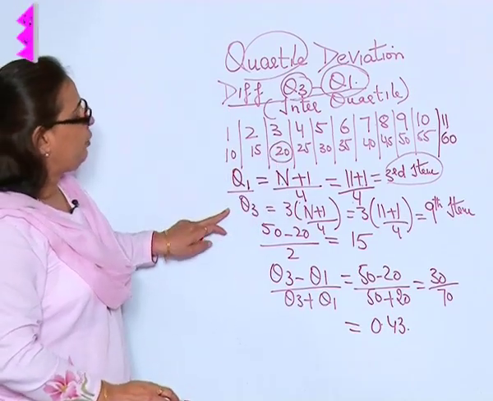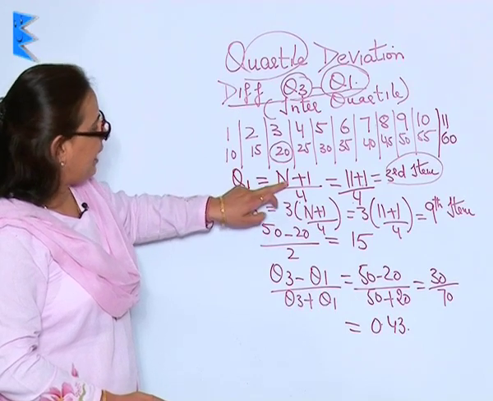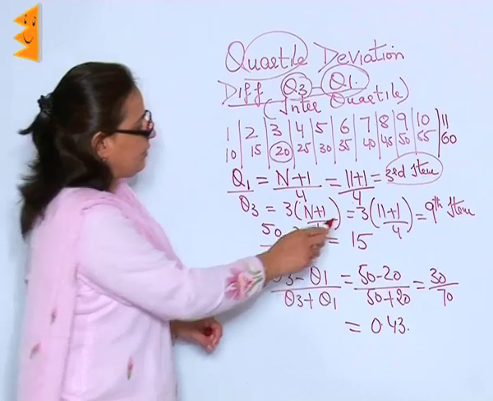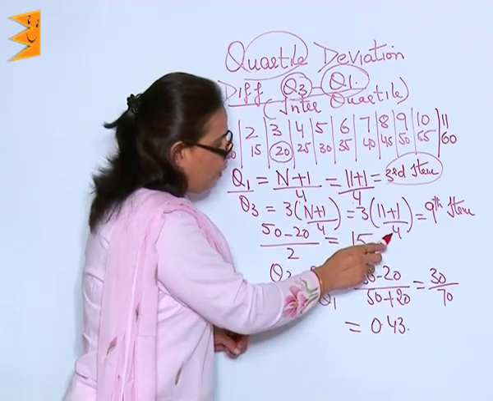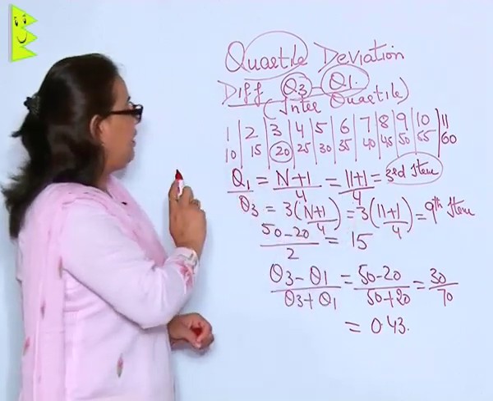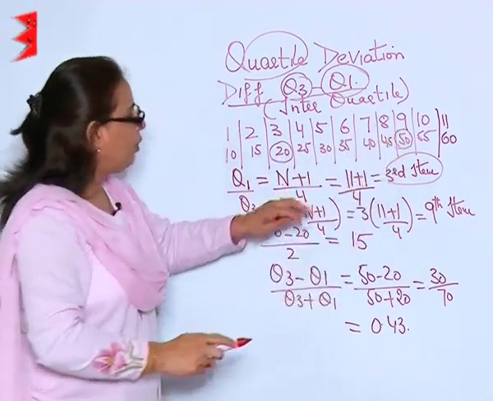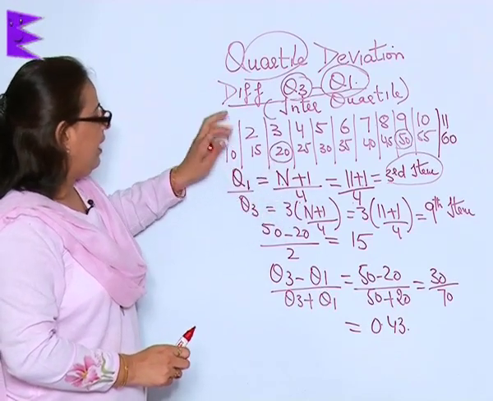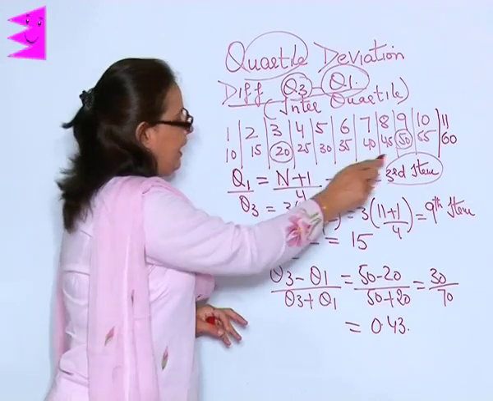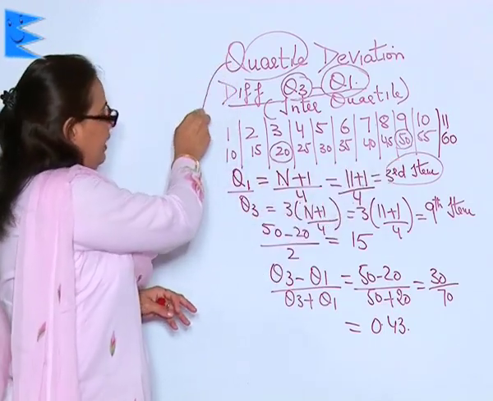Now, let me find out the third quartile. The third quartile will be 3 times the number of observations plus 1 upon 4, which means 3 times 11 plus 1 upon 4, which means the ninth item. The ninth item is 50. So, I have both the first quartile and the third quartile, which are 20 and 50. So, it is very easy for me to find out the quartile deviation.